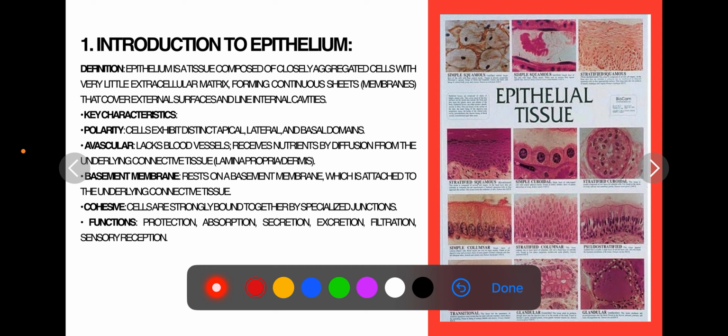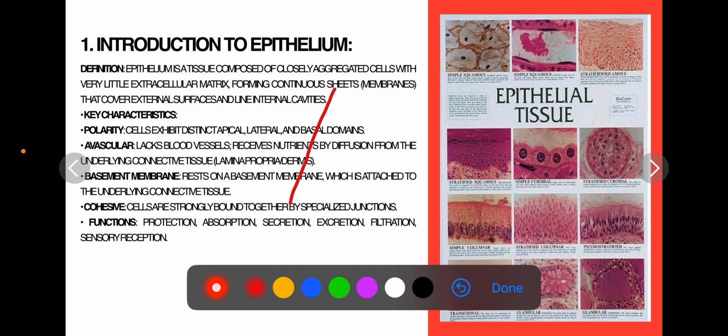Well, let's move to the key characteristics of epithelium. What are the key characteristics? Number one, its polarity. And here we can say that the cells of epithelium exhibit something called domains. Okay, so the poles here are called domains. Let me make this easy for you.